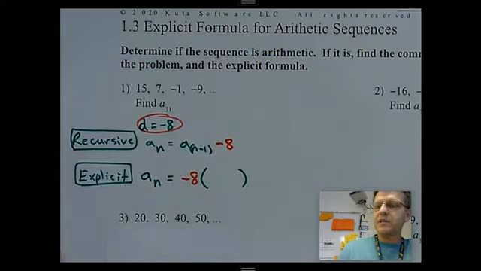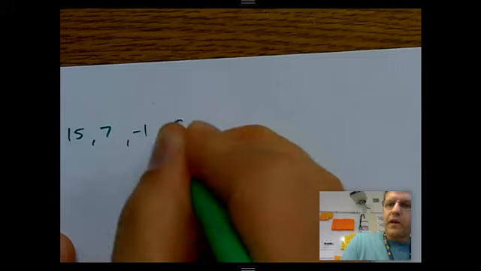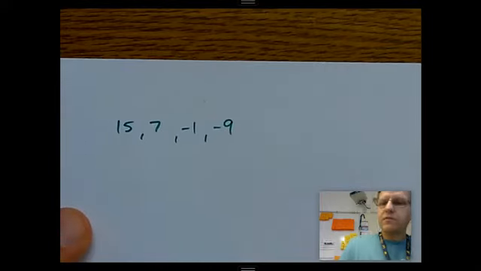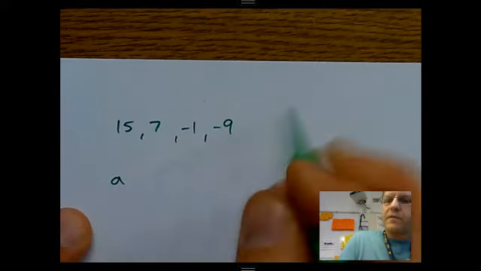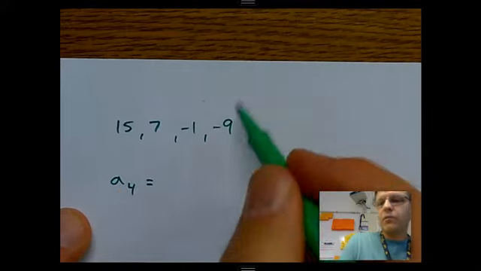Let's take an example over here. I'm going to use my paper here. Let's just write our pattern here. So we had 15, 7, -1, and -9. Just for interest's sake, what if I wanted to find the 4th term? Now, you say, but Albertson, we know the 4th term.